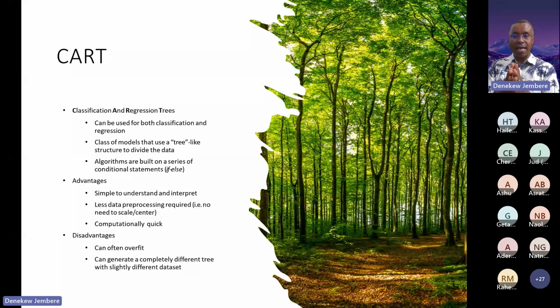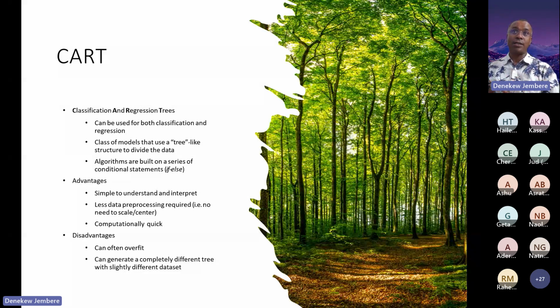You can simply use the data as is, which eliminates the need for data pre-processing. And since it just divides your data in a tree structure, the computational cost of training classification and regression trees is very small, and they are computationally quick.